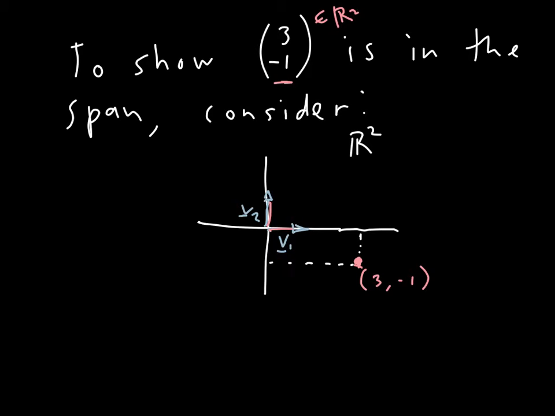So we could use a linear combination of our v1 and v2, where we'd find our linear combination as this. So if we took specific numbers for a1 and a2, my money's on that we could get to (3, -1). So let's go to the next slide.